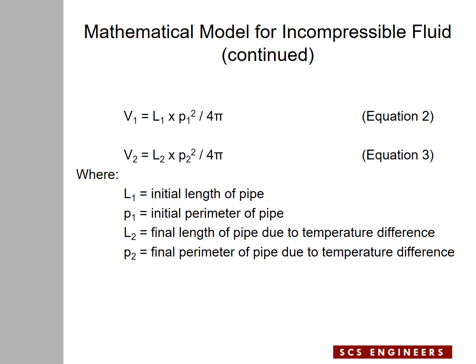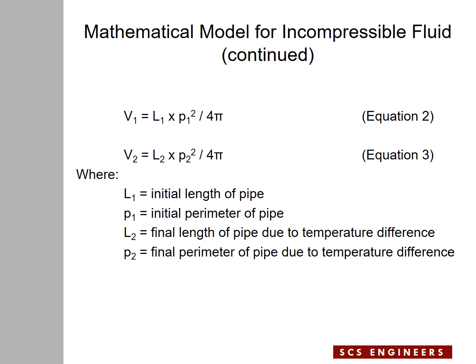In this slide we show you the calculation of the volume inside the pipe under the initial and final conditions. V1, the initial condition volume, may be presented as L1 times P1 squared over 4 pi, L1 being the initial length and P1 being the initial interior perimeter of the pipe.